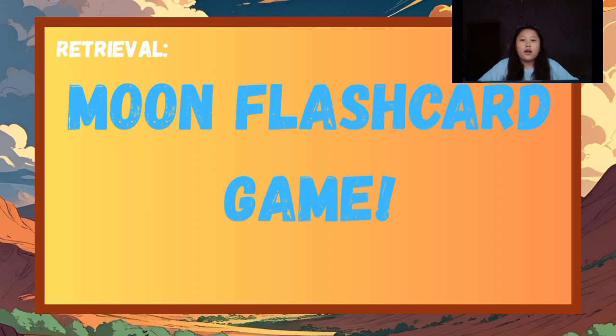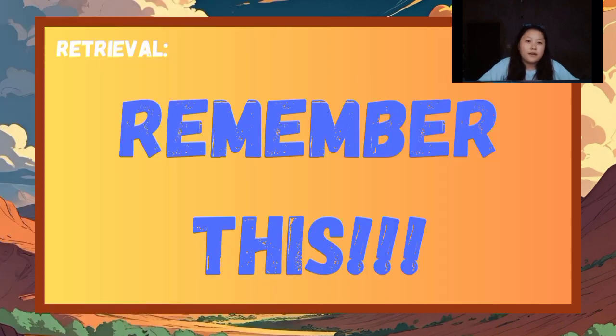Now, before I presented them the flashcards that they will have to answer, I first presented them the name and the picture of the different phases of the moon. It is for them to better remember the different phases, for them to better recall it later on in the game.